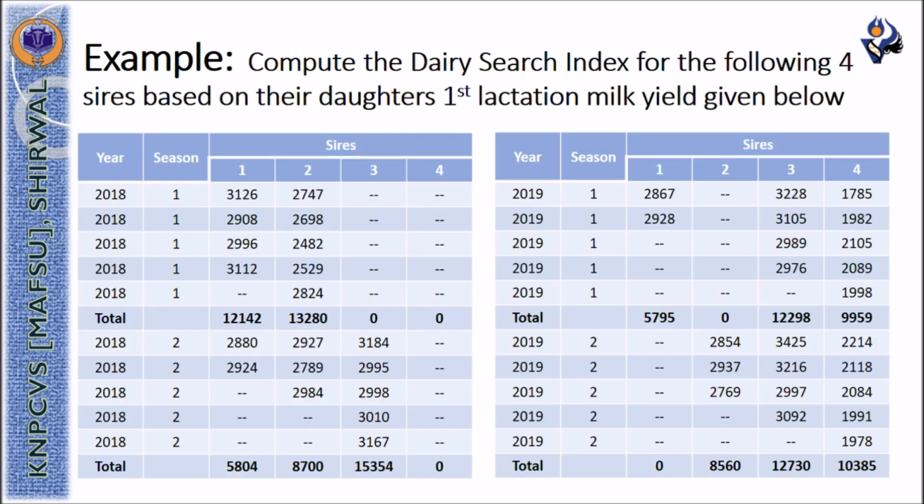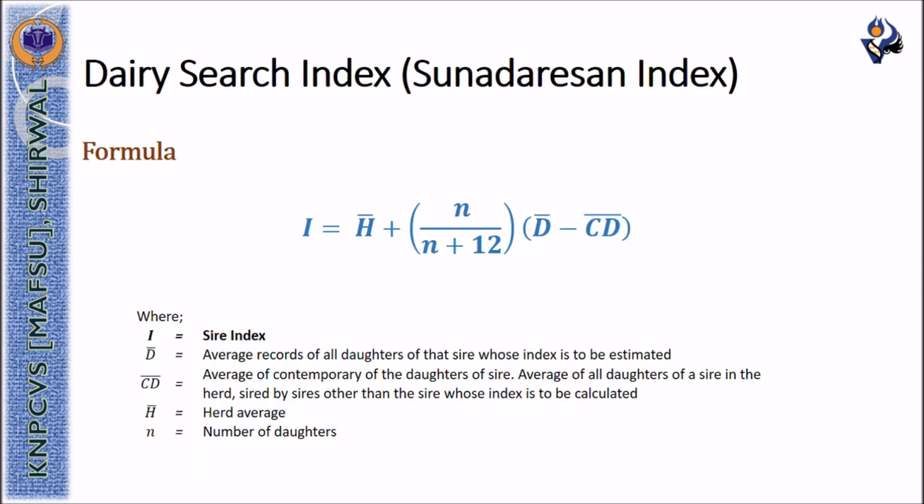We will see with the help of a solved example where we have been asked to compute the dairy search index for the following 4 sires based on their daughter's first lactation milk yield as given below. We have been provided with the data on the 2 different seasons of year 2018 and year 2019 on the progenies of different sires. For calculation of dairy search index, we will be using the formula proposed by Sundarsan.